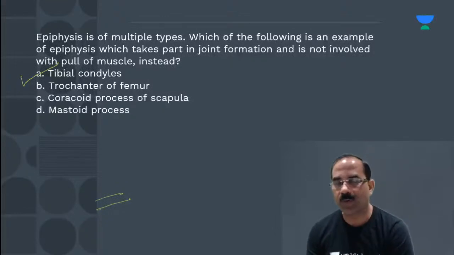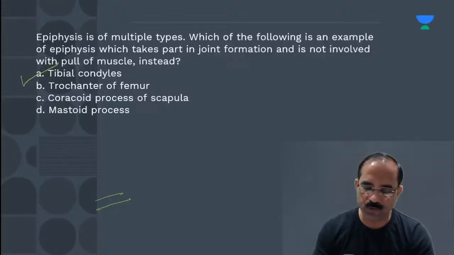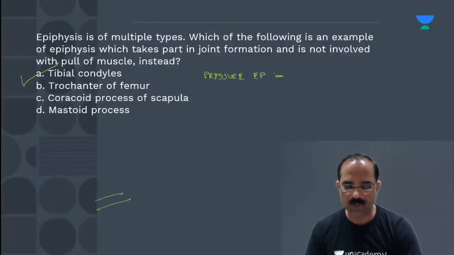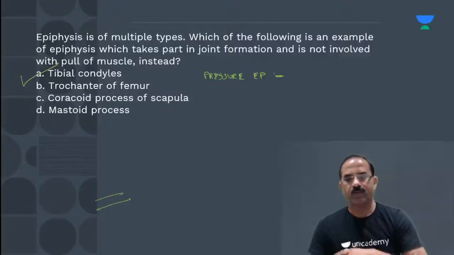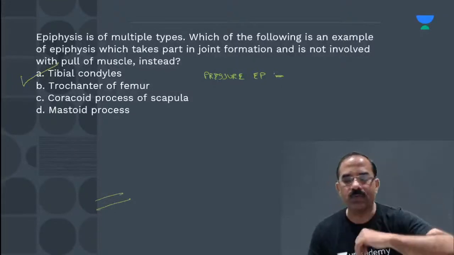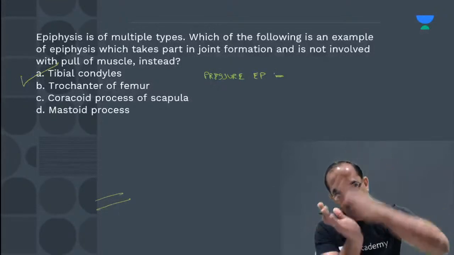So what is that type of epiphysis which takes part in the formation of joints? This is the pressure epiphysis, not coracoid process. Pressure epiphysis is seen at ends of long bones which are subjected to pressure.